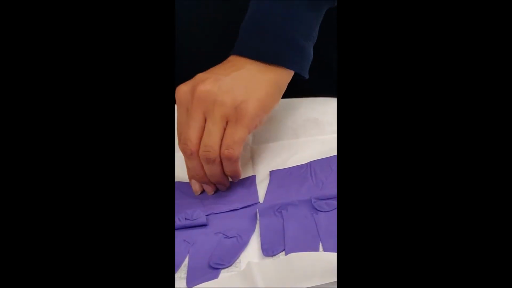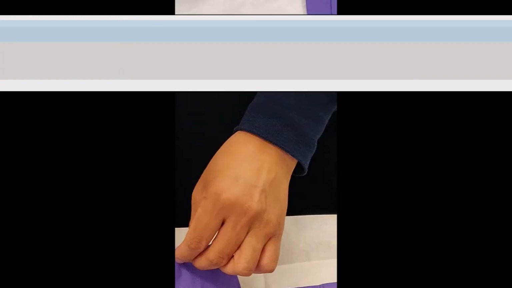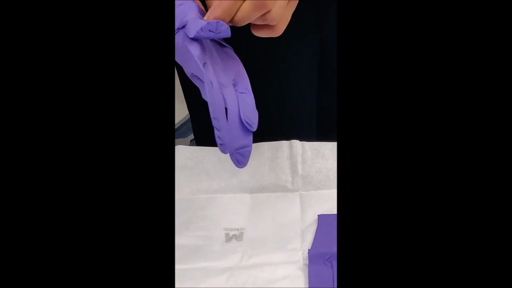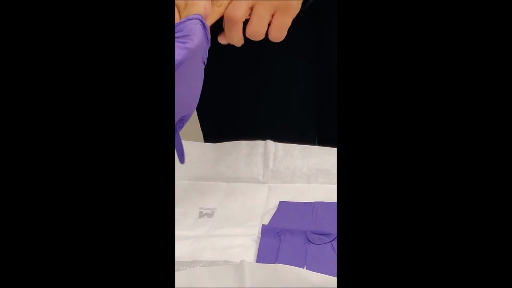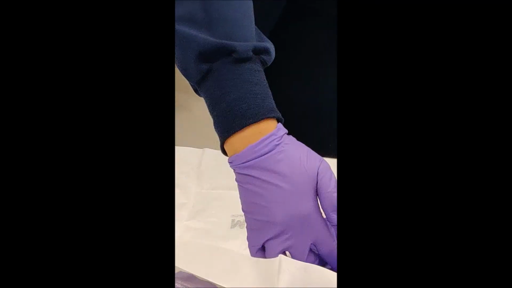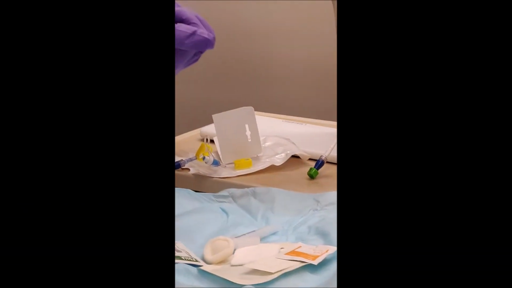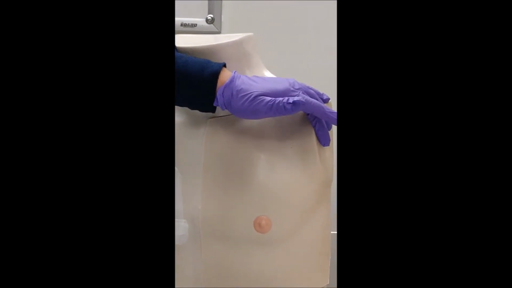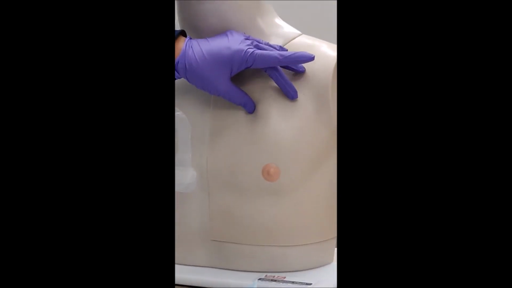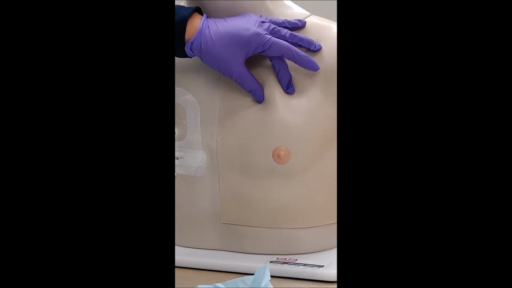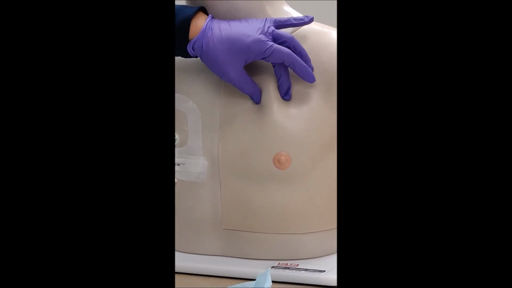I'm going to start with the right hand because I am right-handed. Okay, so I'm going to use my left hand because I'm right-handed. So I'm going to use my left hand, and then as I mentioned, I'm going to use my thumb and then my middle finger to hold it.